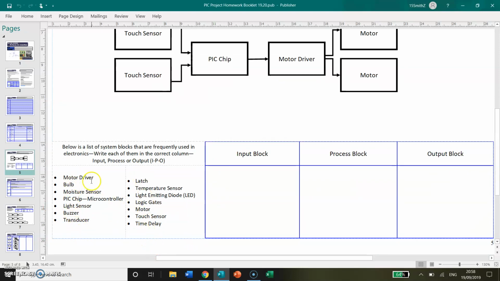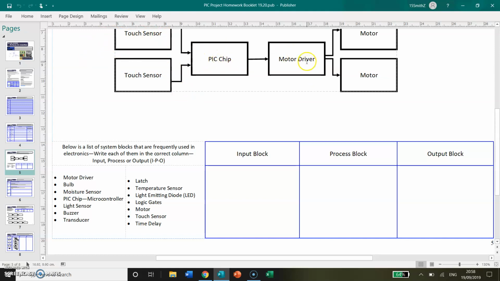What you need to do is decide whether or not these components are input blocks, process blocks, or output blocks. So if we're looking at this, here are our inputs, the touch sensors. They are taking a signal from outside of the circuit, converting it into an electronic signal.